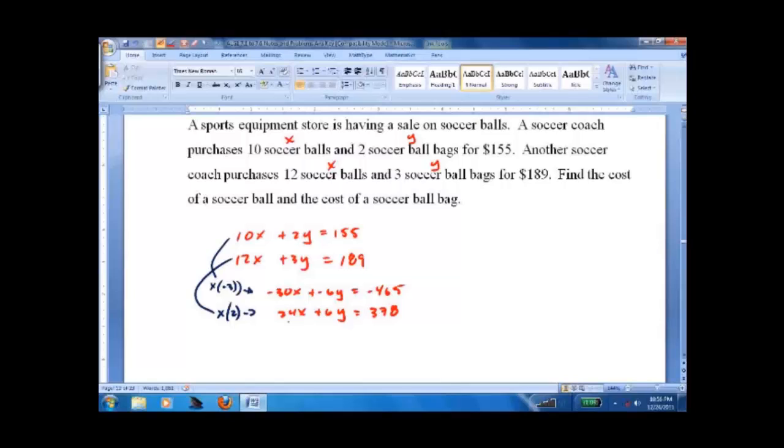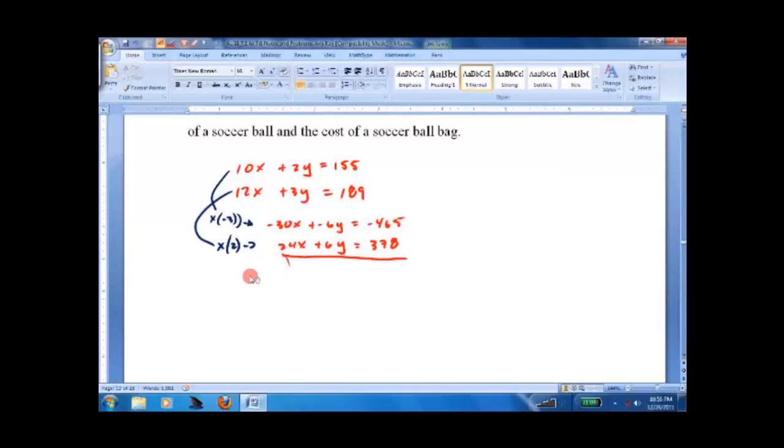So add down. We get negative 6x equals negative 87. Divide both sides by negative 6. X equals 14.5.